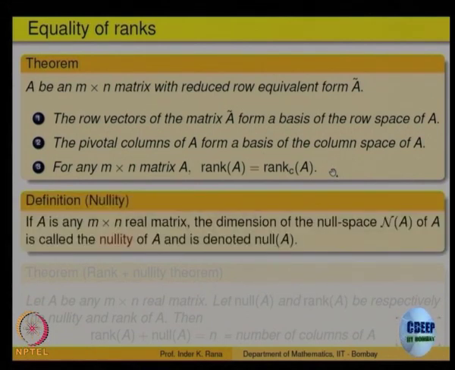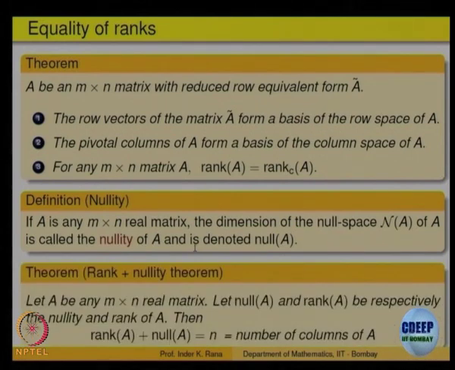One introduces the null space, remember Ax is equal to 0, all the vectors x satisfying that is called the null space. So, the dimension of the null space is called the nullity of the matrix A. There is a theorem which says that given an m cross n matrix, if you add up the rank of the matrix with the nullity, the sum of these two is equal to n, the number of columns of A. These two always add up to give you the number of columns.